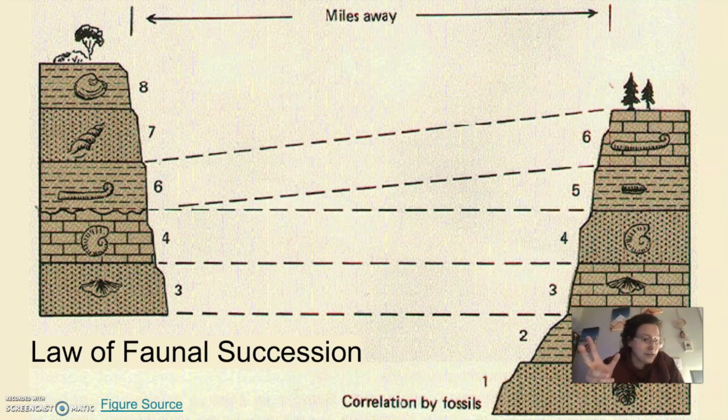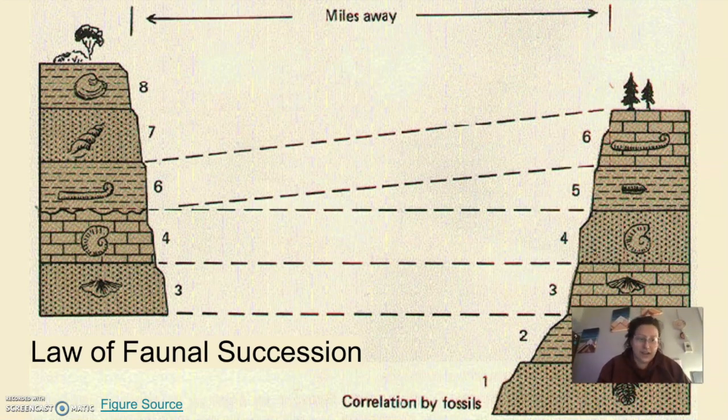And the layers can be laterally continuous across miles away, across oceans, across the Atlantic Ocean. And as we talked about before, there's seafloor spreading via plate tectonics, right? There's a divergent plate margin in the Atlantic Ocean. So there are fossils in South America and Africa that are similar, in Ireland and Nova Scotia that are similar.